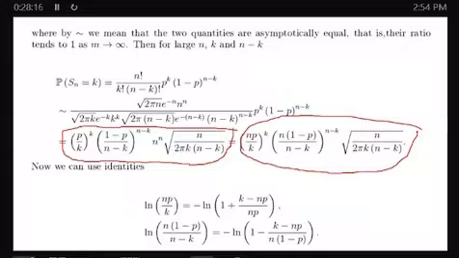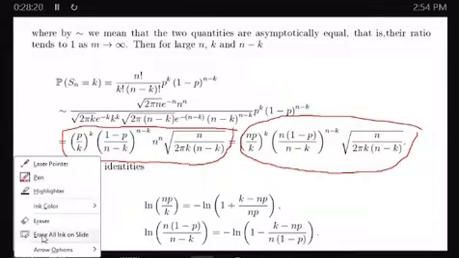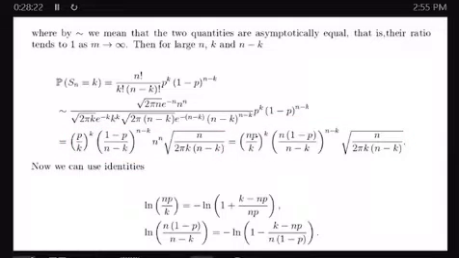Now, if you take a look at this guy here, and this guy here, we want to go into a Taylor series or Maclaurin series. Let's say, for instance, the ln of x.